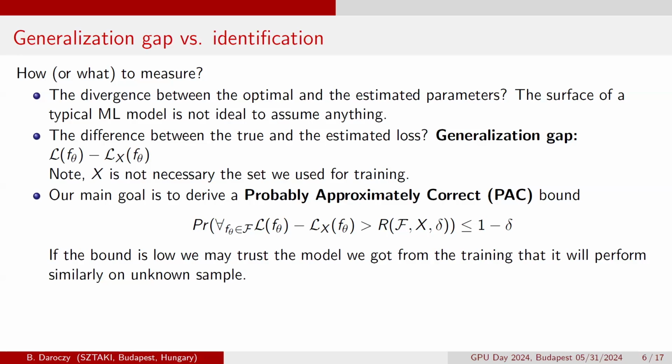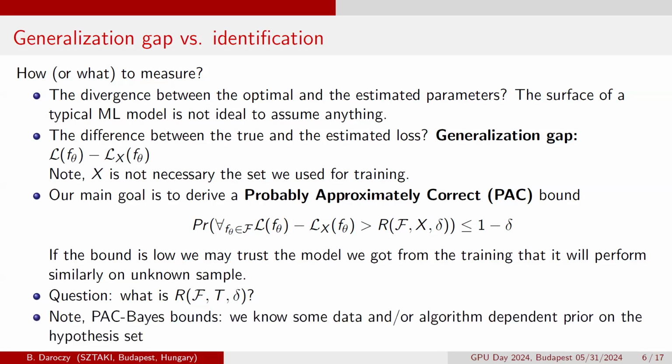So what's going on here is that we try to establish these kinds of bounds. What we have to identify is this R, and I call it R in this case, but of course there are some different versions. The PAC-based bounds are one of the ingenious ways to extract this idea.